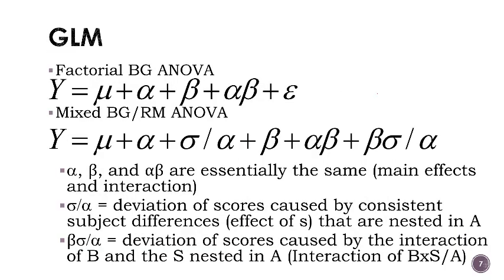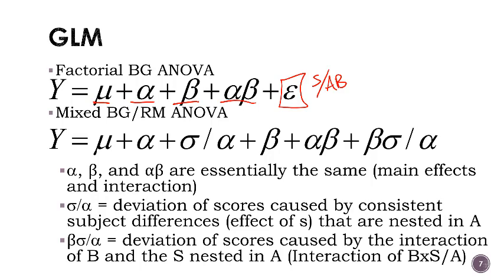In terms of the general linear model, you can sort of see the way this works out. Up here in the regular factorial, you get your mu plus alpha plus beta plus alpha beta, which is the interaction, and then all the errors rolled up into one randomized groups error, which in a completely between groups design is S within AB, right?